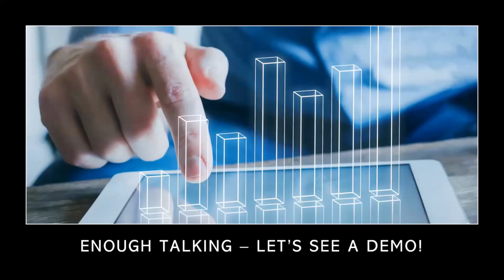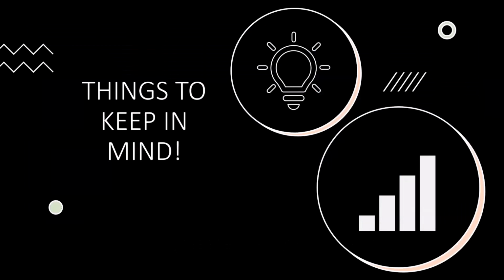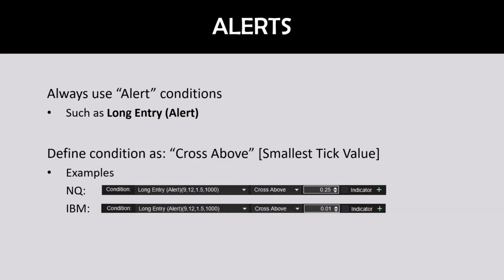And before Nicholas is going to show us how to create a strategy, just a quick reminder of what you should keep in mind when it comes to the Powerbundle AO for MotiveWave. So for alerts, make sure that you always use the alert condition, which has this little alert in brackets, like long entry in brackets alert, or short entry in parentheses alert.